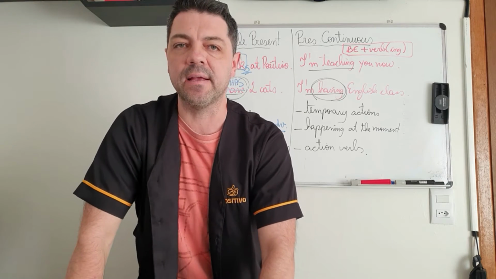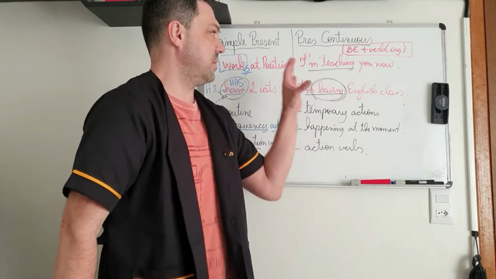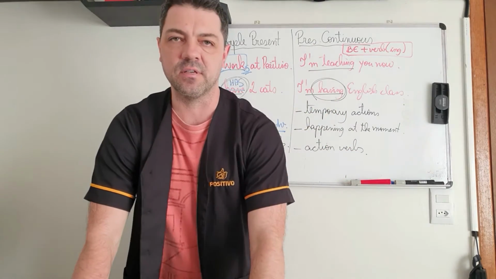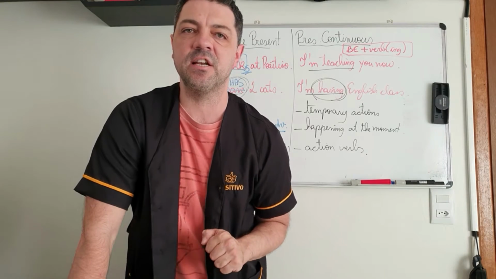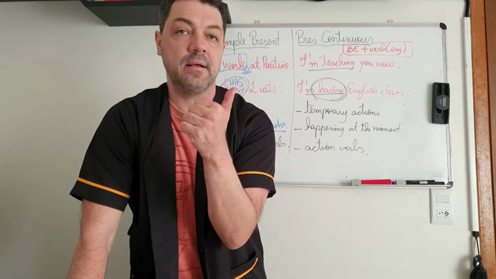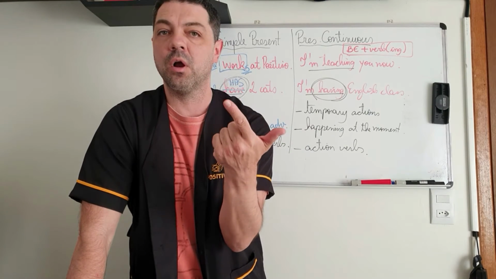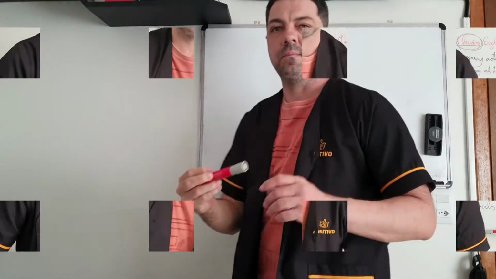What are you doing? I'm teaching. That's the exact difference between simple present and present continuous, okay? Be there, continue studying, and I'll be back in a few minutes with the future forms: will, going to, and present continuous. See you soon, guys.